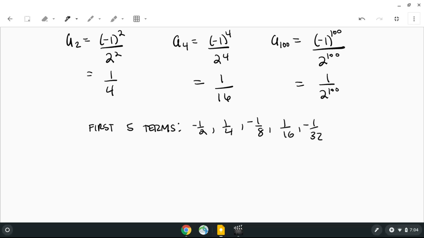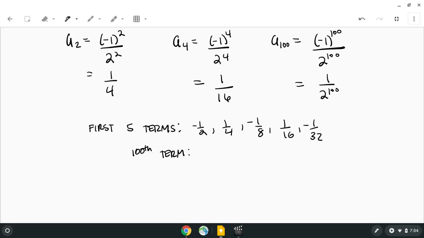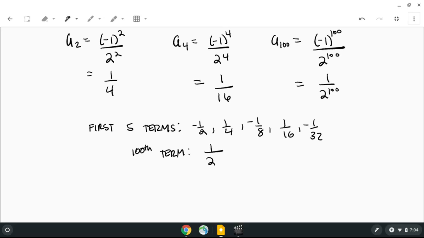And our 100th term is 1/2 to the 100th power. Okay, so that's all pretty straightforward.